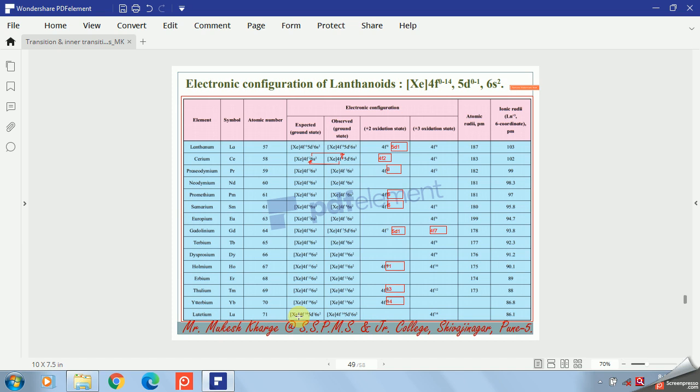The observed and expected electronic configuration is xenon 4f14 5d1 6s2. So if we donate 2 electrons, the electronic configuration is xenon 4f14 5d1, and if we donate 3 electrons, then the electronic configuration is xenon 4f14. So this is about the electronic configuration.